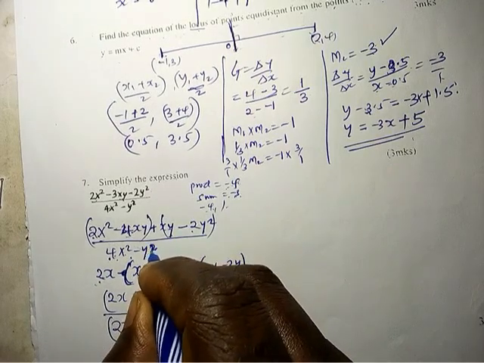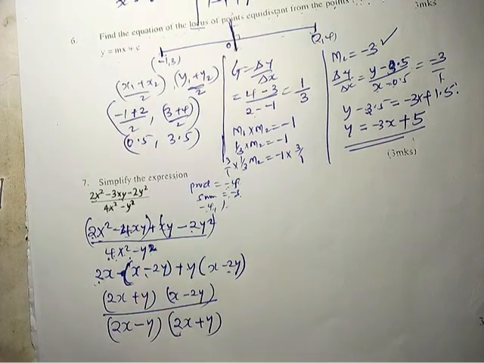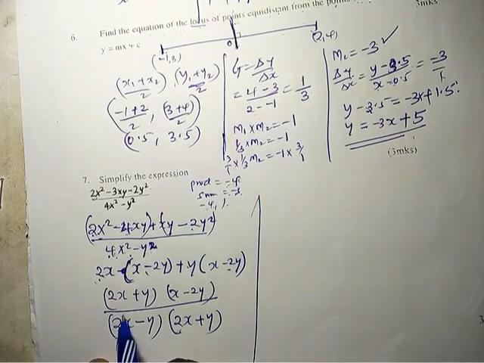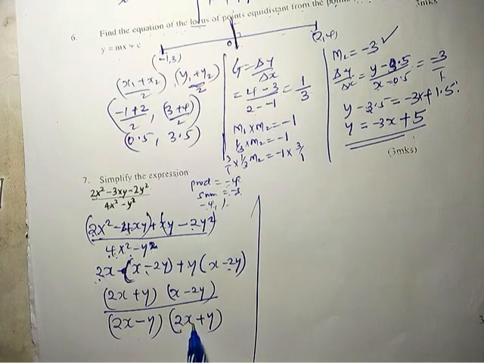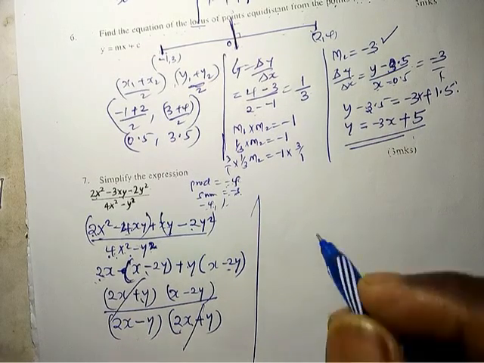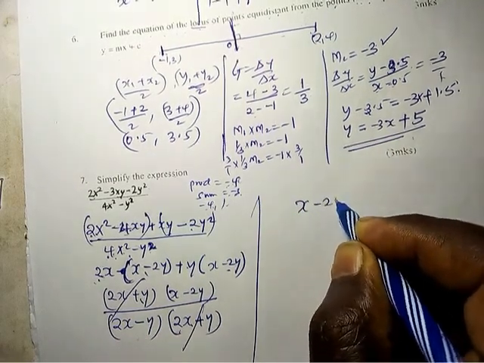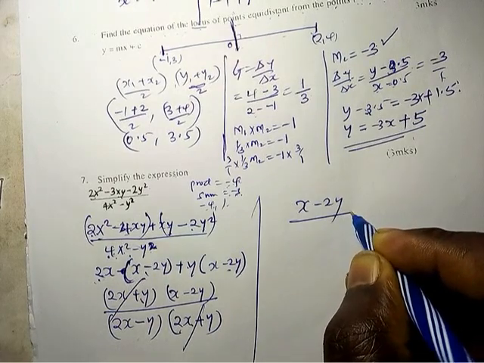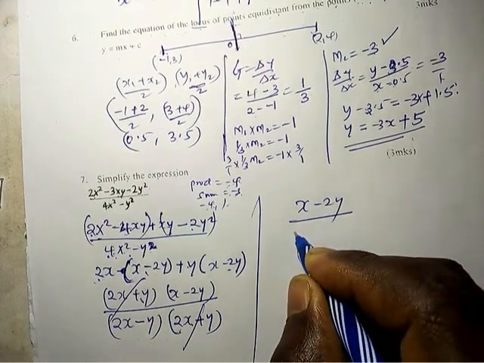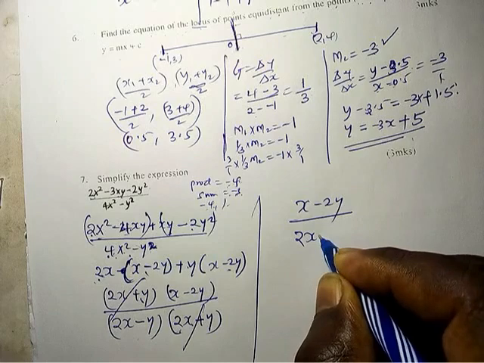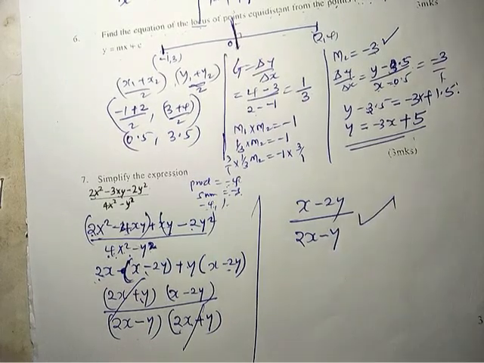I don't know whether you know that. So after doing that, now you can simplify. You can see this one and this one. We simplify, so we have x minus 2y divided by 2x minus y. And that is the final answer.